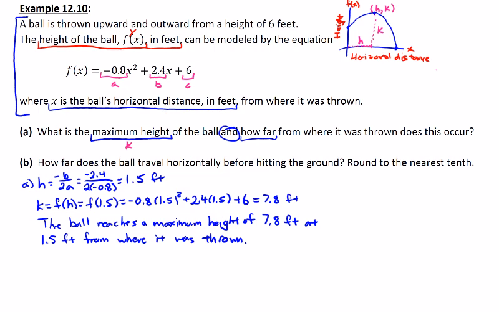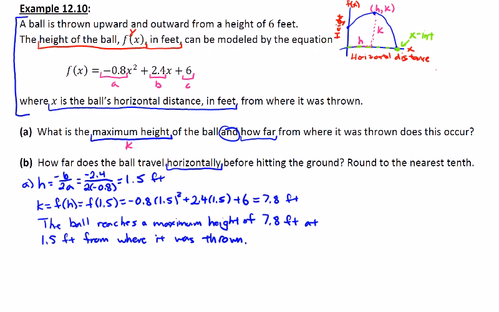Part B says, how far does the ball travel horizontally before hitting the ground? So if we're talking about the ball traveling horizontally, it starts horizontally from here and eventually gets all the way to the ground over here. So what I'm looking at calculating is an x-intercept.